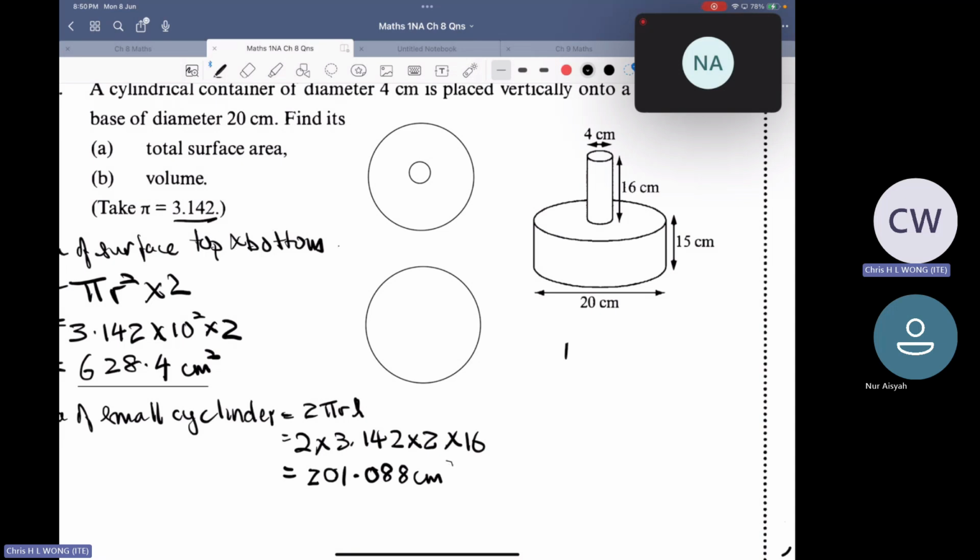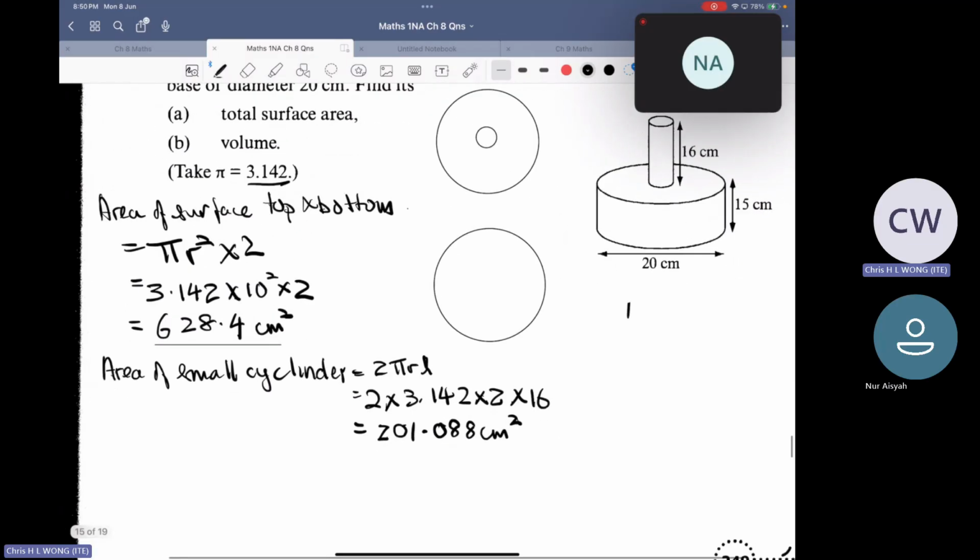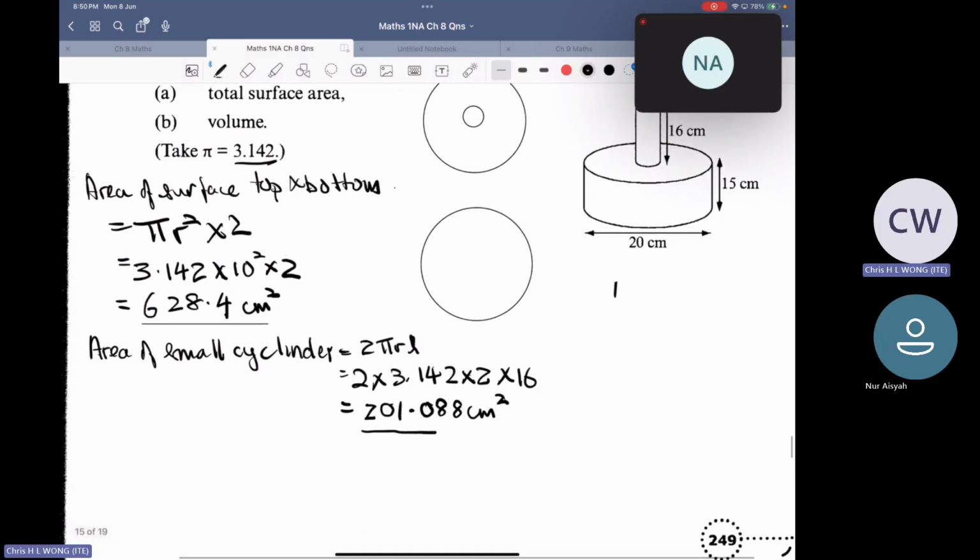Yeah, correct. Okay, that's the area of the small cylinder, isn't it? I underline it, I need it, right?